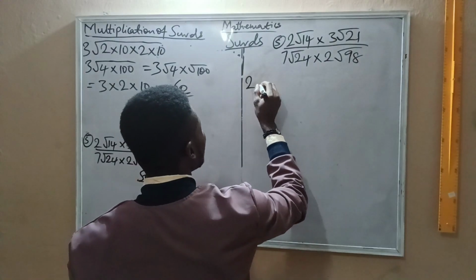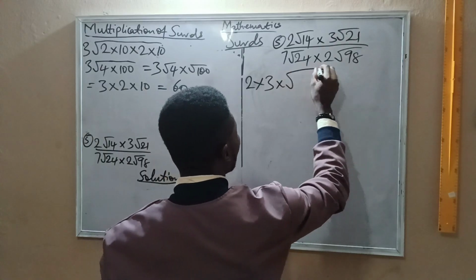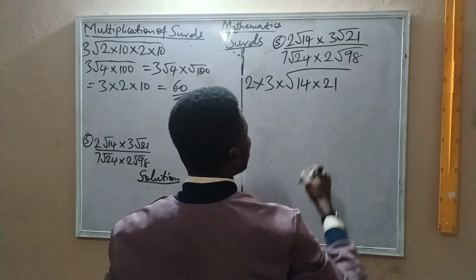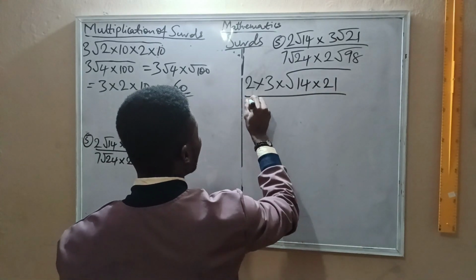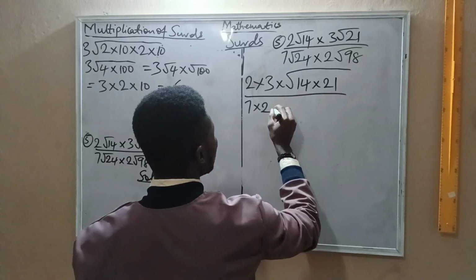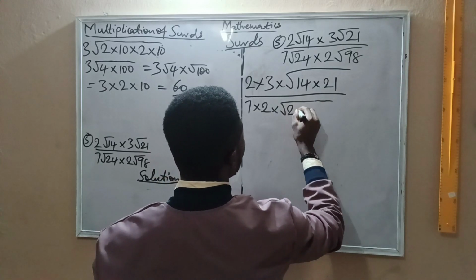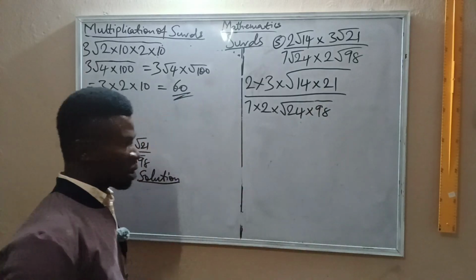From the numerator, we have 2 times 3 times surd 14 times 21. Then from the denominator, we have 7 times 2, then times surd 24 times 98.